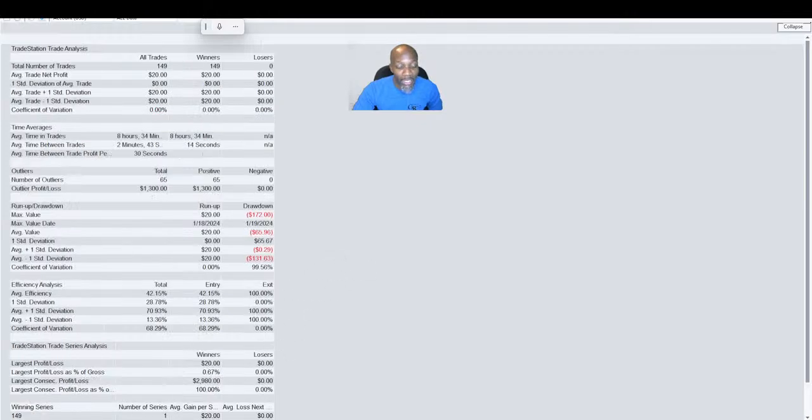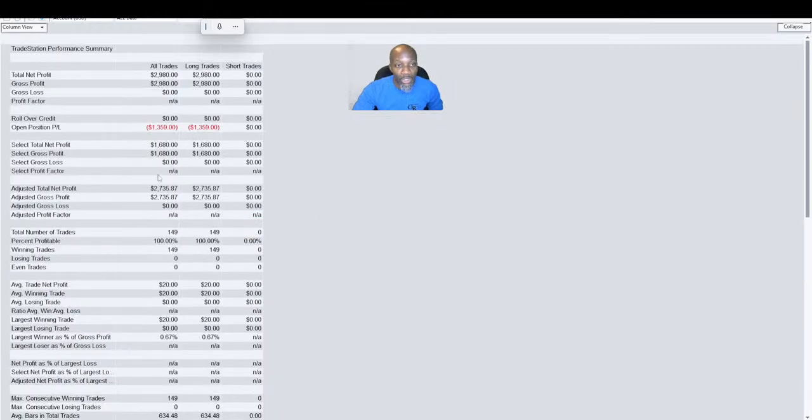I think you'll have some success with this. So I'm curious how you'll trade it and what you'll do with your open position, if you'll just say at the end of the day, go ahead and exit all trades, or if you hold on to them. I'm curious how you'll trade this.